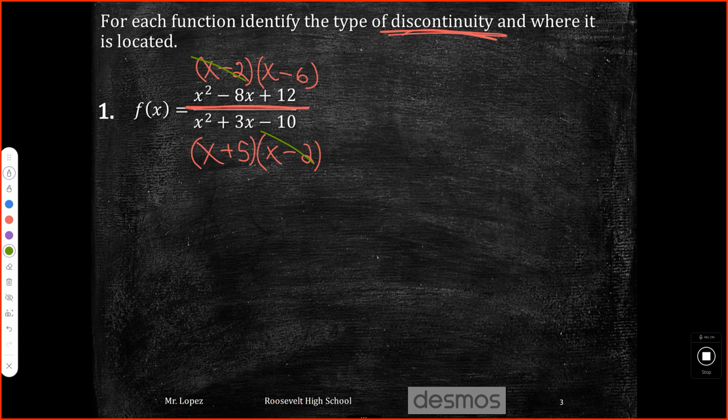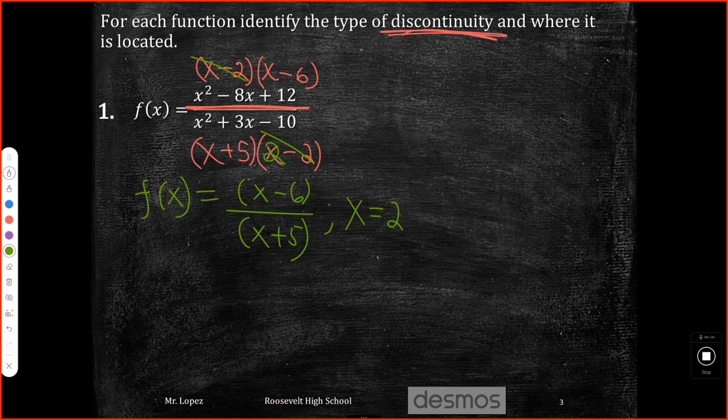So it creates an equivalent function, x minus 6 on top and x plus 5 at the bottom. But we have to remember that x cannot equal 2, because if I plug in 2 here, 2 minus 2 will create a 0, which we cannot have.